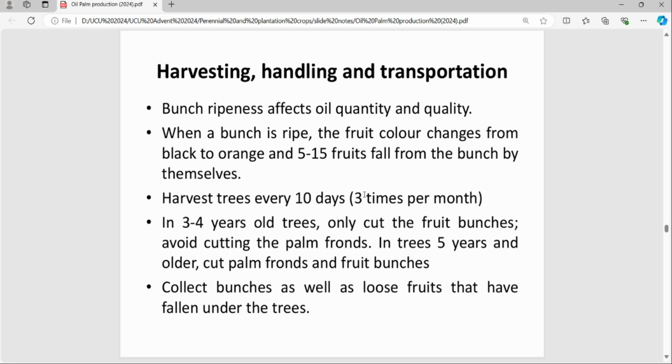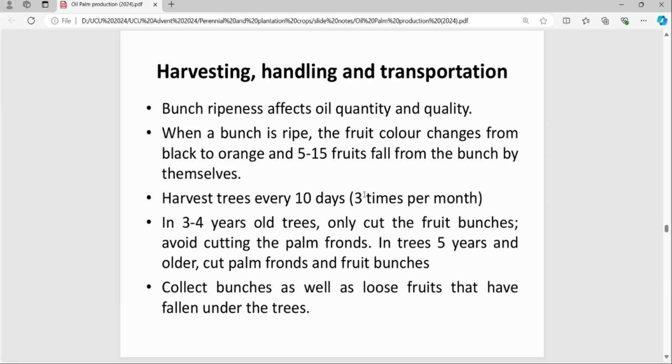When we are harvesting, we have to also know that the ripeness affects the quality and the quantity of the oil that we'll get when processing is done. So only ensure that you harvest those that are fully ripe.